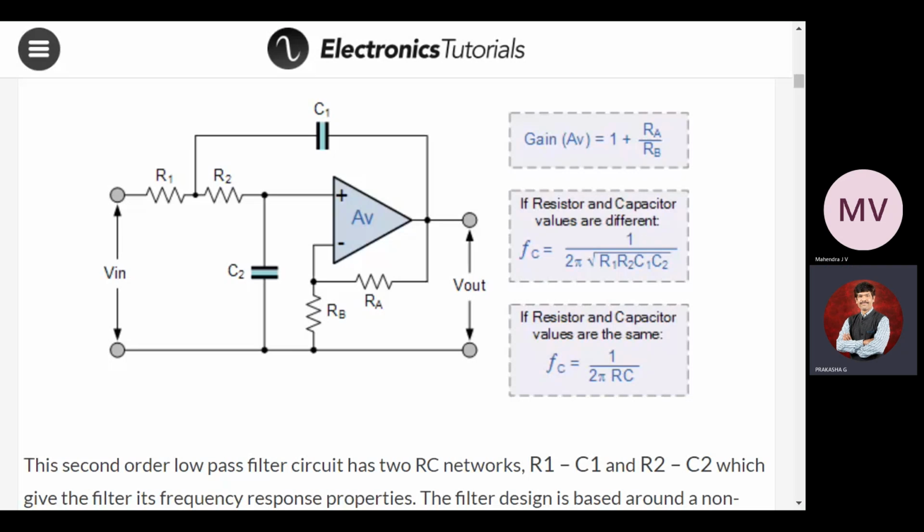RC coupled amplifier, you have done that one. Any other application you have done that one where frequencies keep on increasing? Any other experiment you did in the lab where the frequencies keep on changing? BJT, that's what. BJT is the RC coupled amplifier I'm talking about.